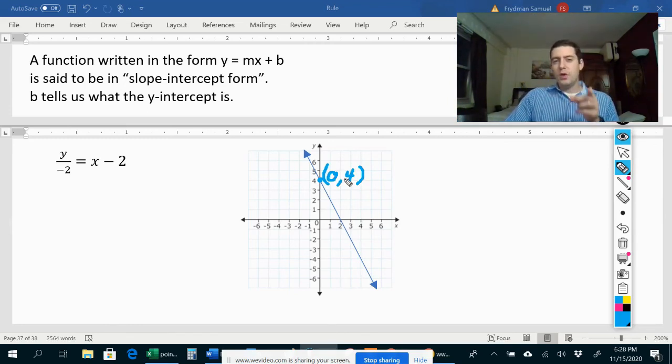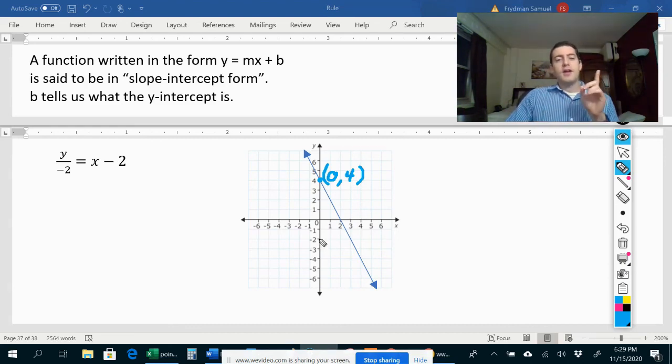Now, you might be wondering to yourself, wait a minute, Mr. Friedman, you told me that this b value over here always tells me where the y-intercept is. But I can see clearly from this graph that the y-intercept is 0, 4, but you don't have a 4 over here. You have a -2. So shouldn't the y-intercept be 0, -2 over here?